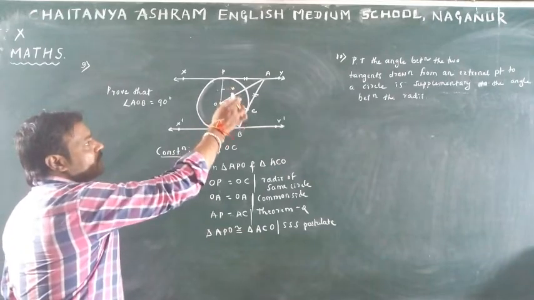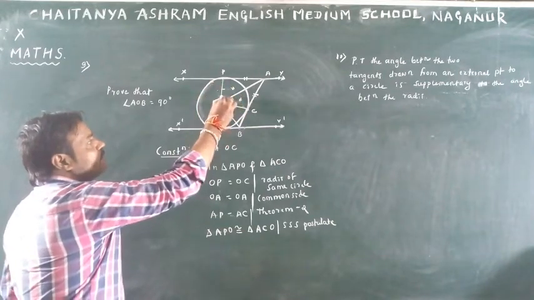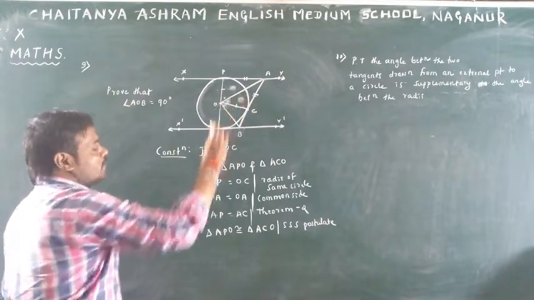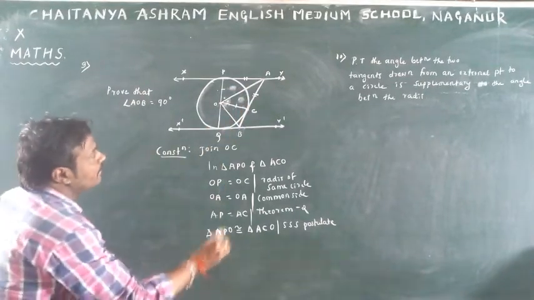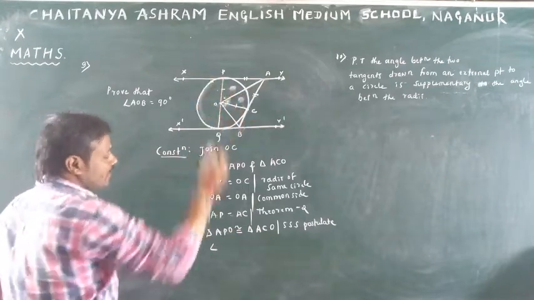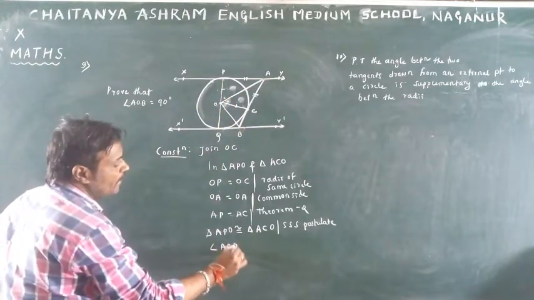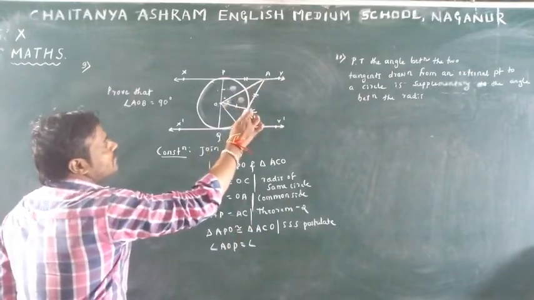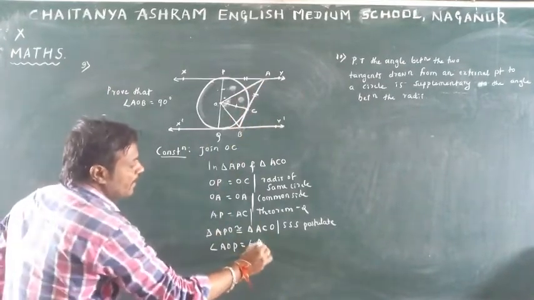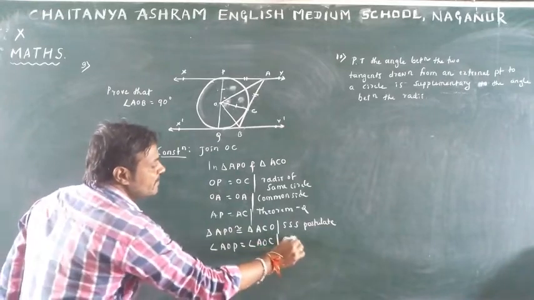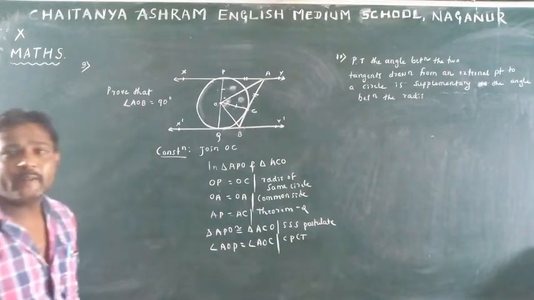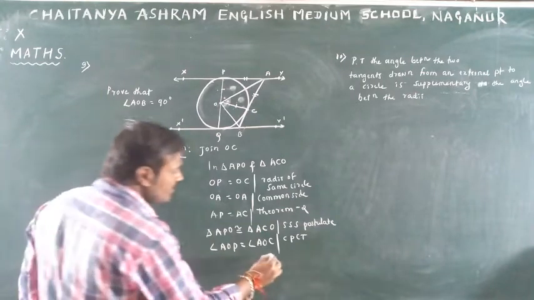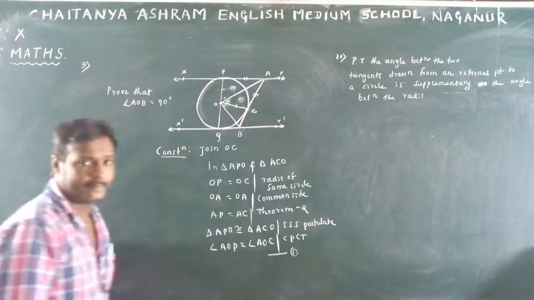Hence the two triangles are congruent. These two are corresponding angles and they are equal. So now angle AOP is equal to angle AOC, by CPCT: corresponding parts of congruent triangles are equal. Say this result is 1.